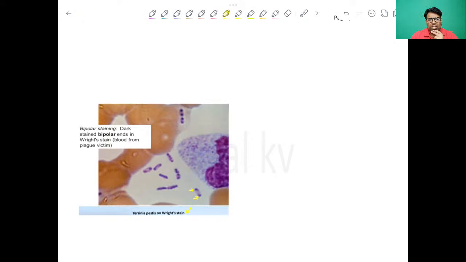Both the ends, they are stained dark, and this looks like the safety pin appearance. Right? So this is the safety pin appearance. Both the ends, they are stained dark, and this is the right stain for Yersinia pestis. Clear? So please remember that.